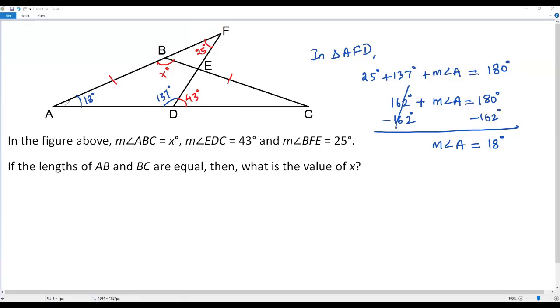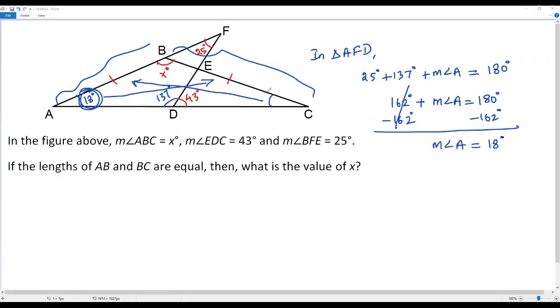Already we know that in triangle ABC, two sides are equal in length: side AB and side BC. In a triangle, if two sides are equal, then the interior angles opposite to those sides must be equal. This is the interior angle opposite to side BC, and this is the interior angle opposite to side AB.